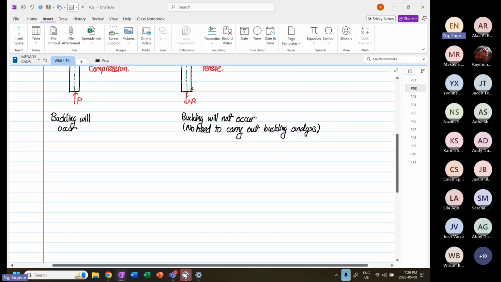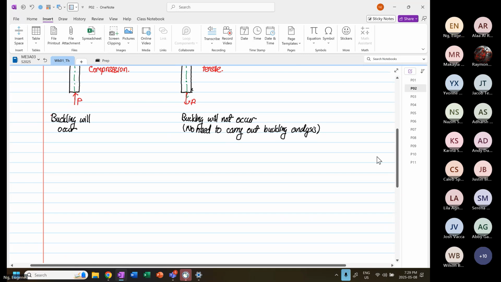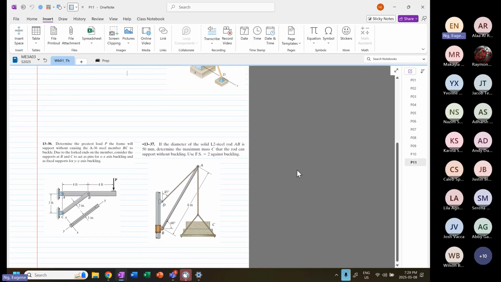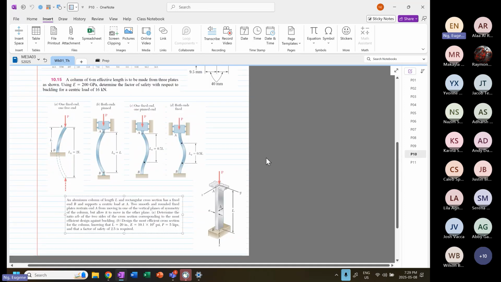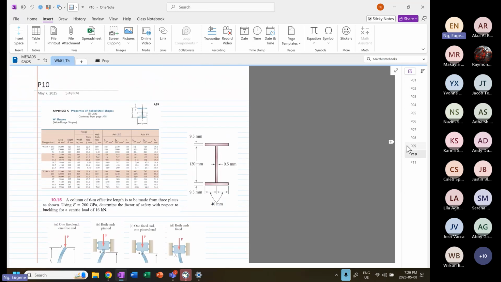So I'm going to pick an example. Is there any one down here that I can pick? No, I'm going to get a diagram from a different book and show you. Let's see, I'm looking for a simple structure.